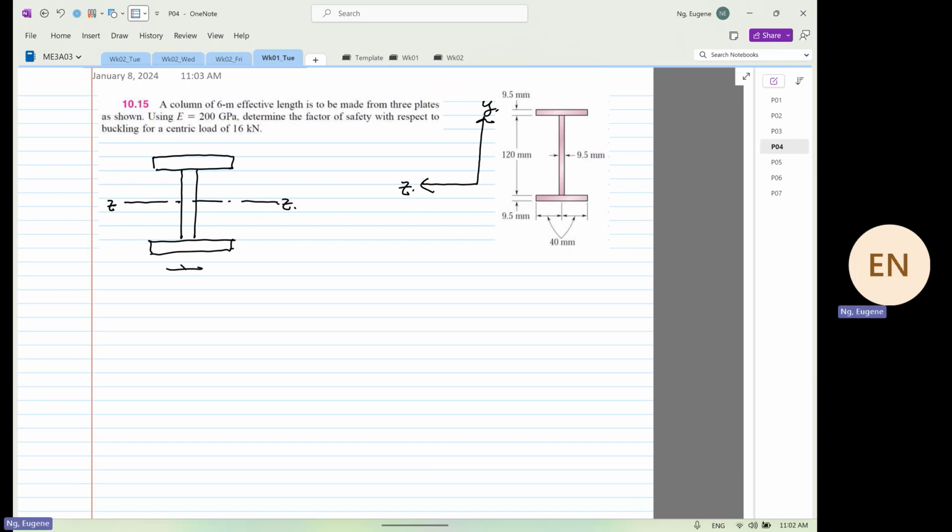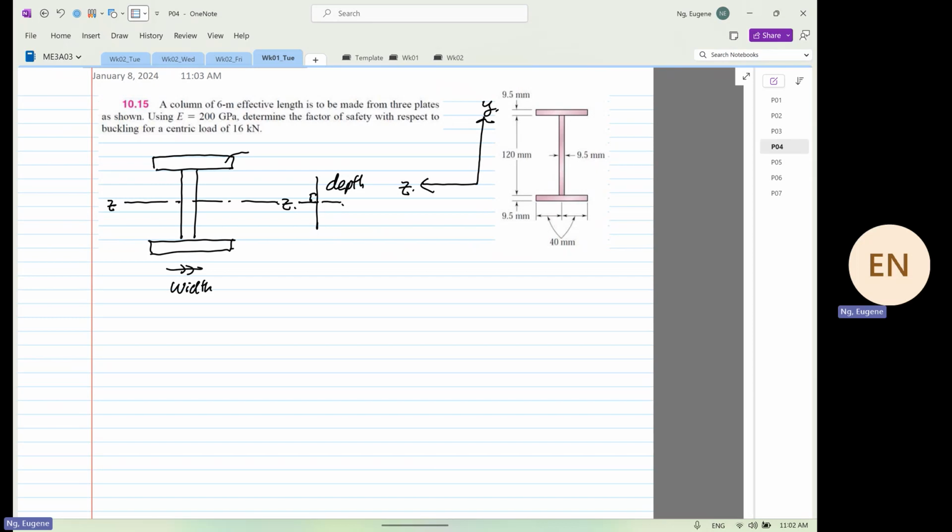So when this is the case, this will be the width. And over here, this will be our depth, because the depth is perpendicular to our axis. So let me draw the depth in this orientation. From here, you have to take note now.